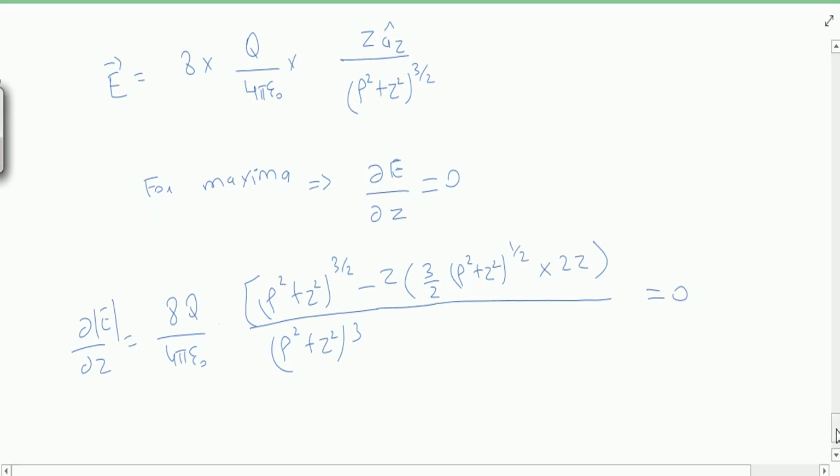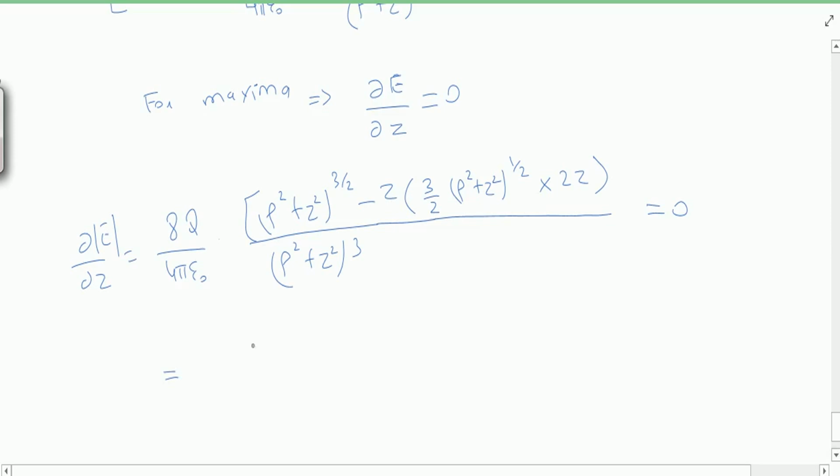So what remains is that you can take out the square root of rho square plus z square common. I have taken the square root of rho square plus z square common, so here it becomes rho square plus z square, and here the 2 gets cancelled, and this z gets multiplied with this, so it becomes 3z square, and equating this to 0.